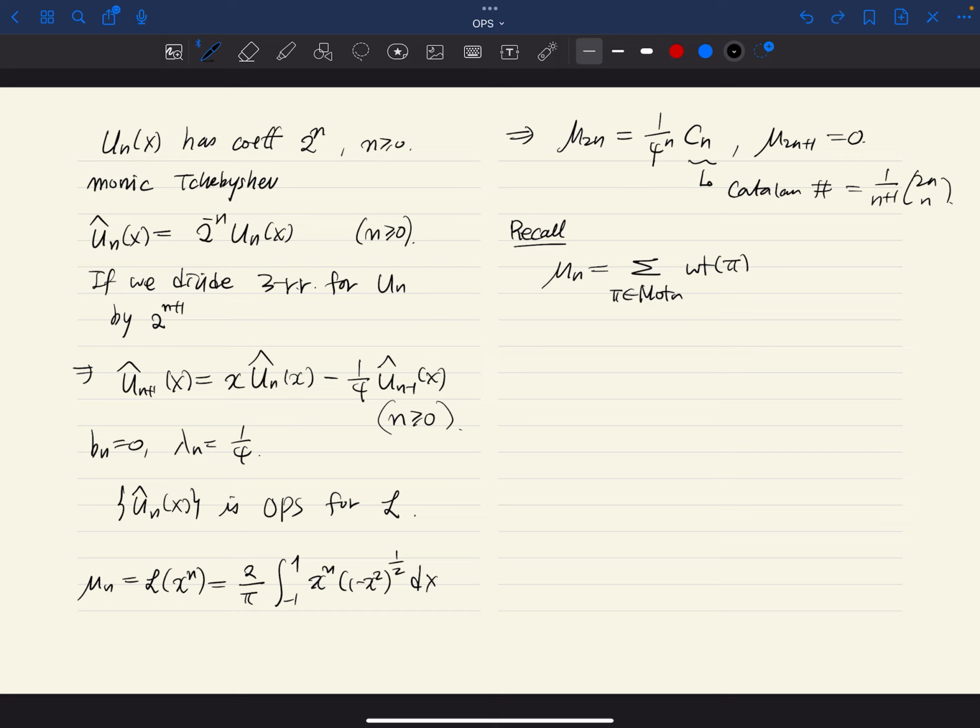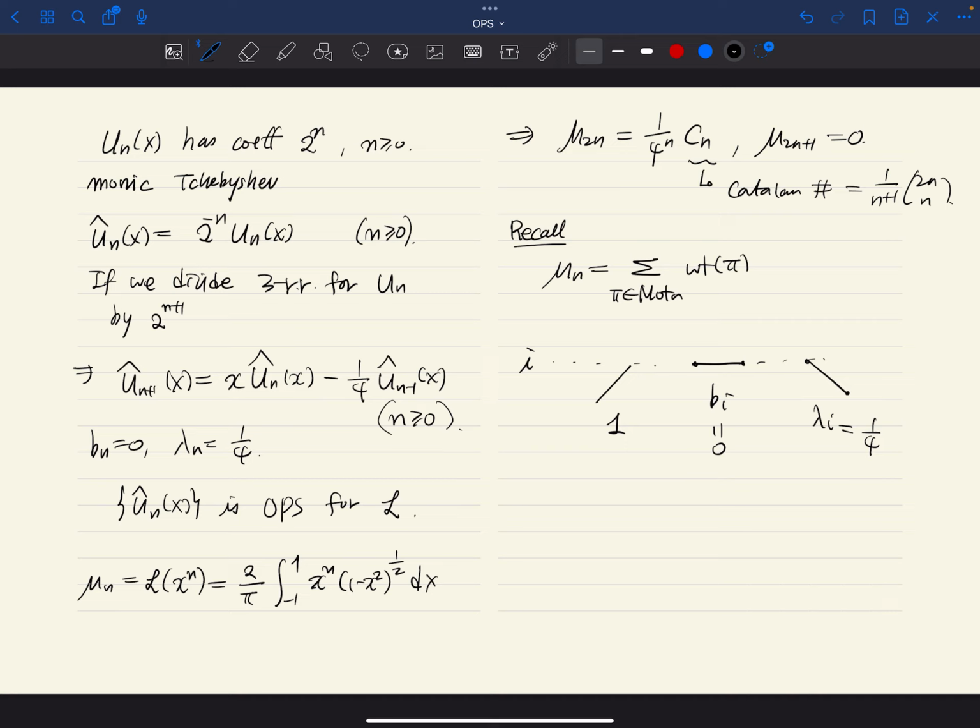At height i, every up step has weight 1, and a horizontal step has weight b_i. A down step starting at height i has weight lambda_i. But in our case, b_i is 0, and lambda_i is always 1 over 4, right?